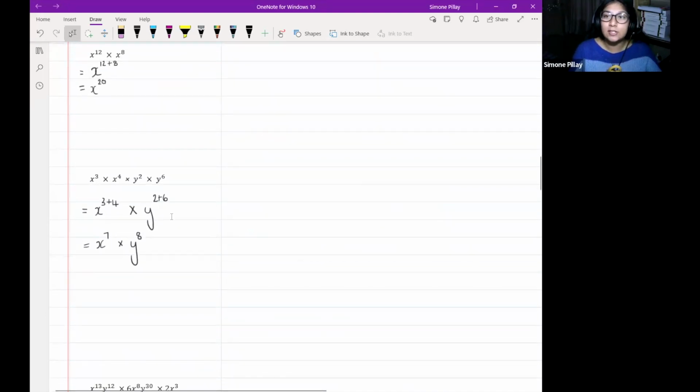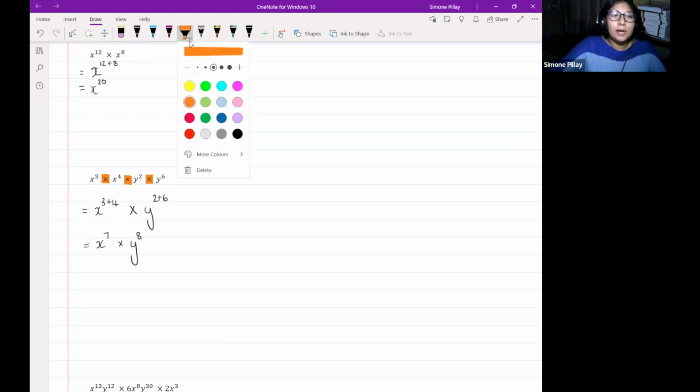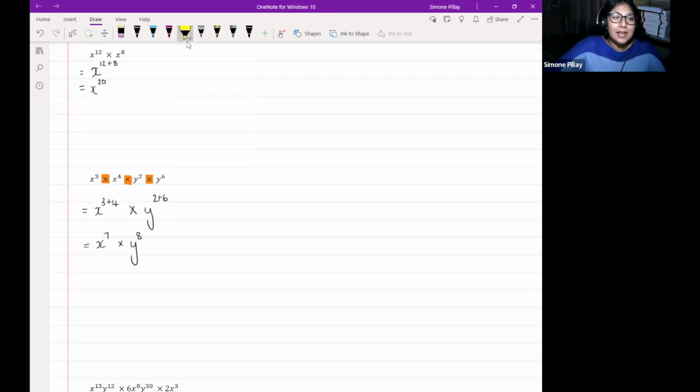I wanted to condense this into exponential form, so what did I do? My law says when I have multiplication, and so let's use that orange highlighter again, I have multiplication all over, but I can only apply law 1 when I have the same base. So I see here's x and here's x, so I can apply law 1 over here.